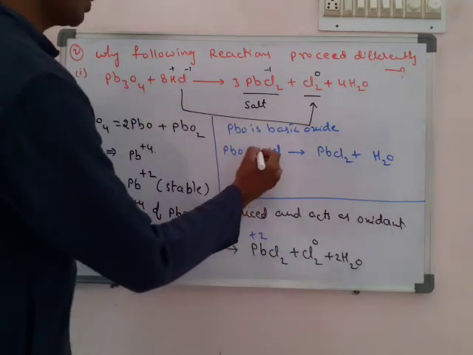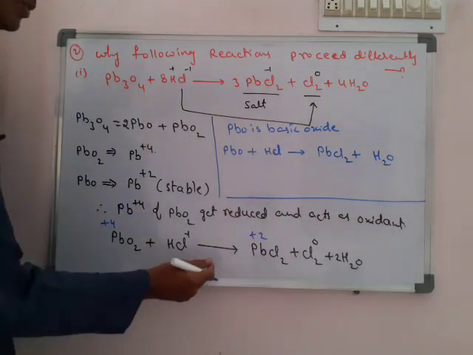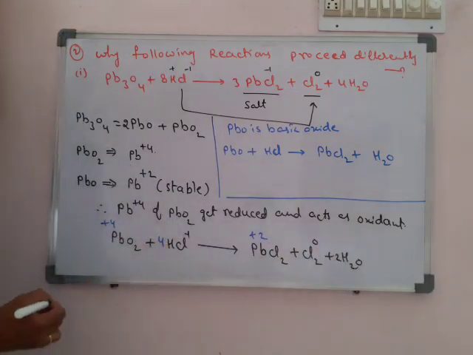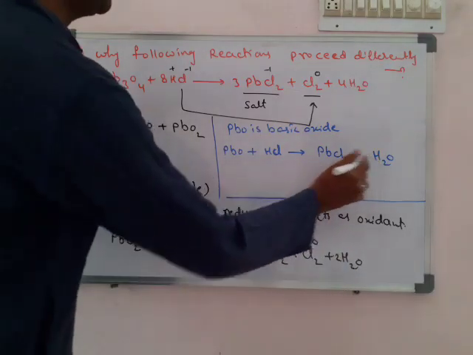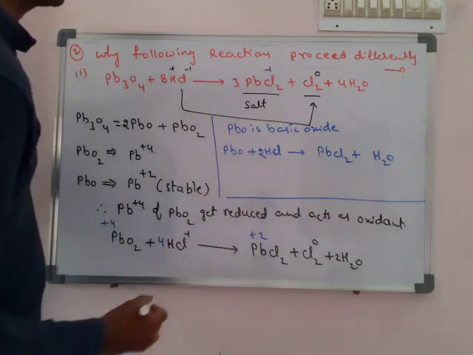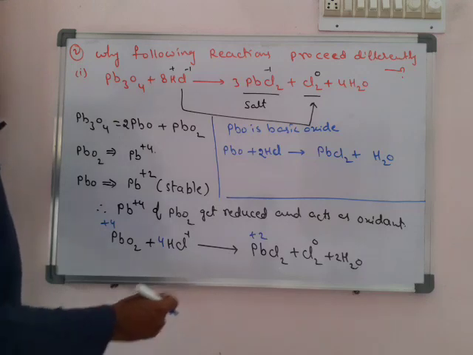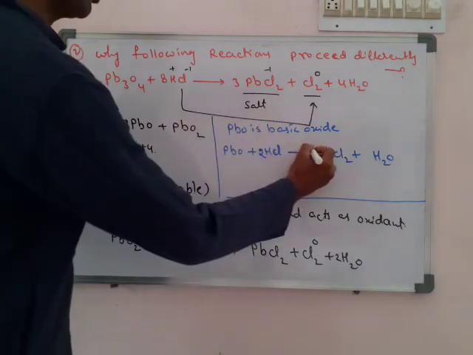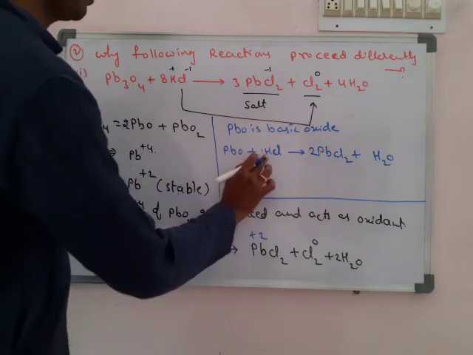Okay. Now balancing: 2 to 4 HCl. Next here also 2 PbCl2. Is it possible? So only 1 PbCl2. So balancing 3 PbCl2, but here it should compulsorily be 2.